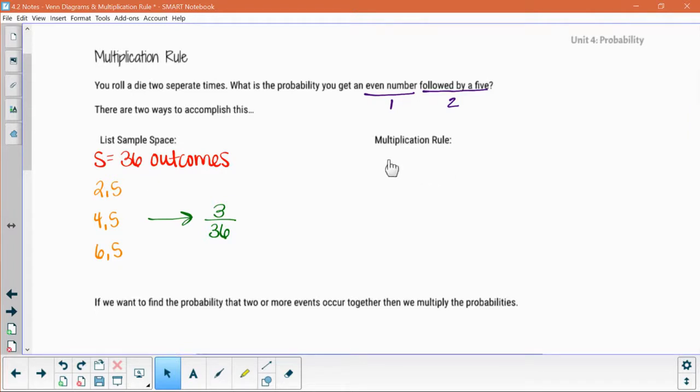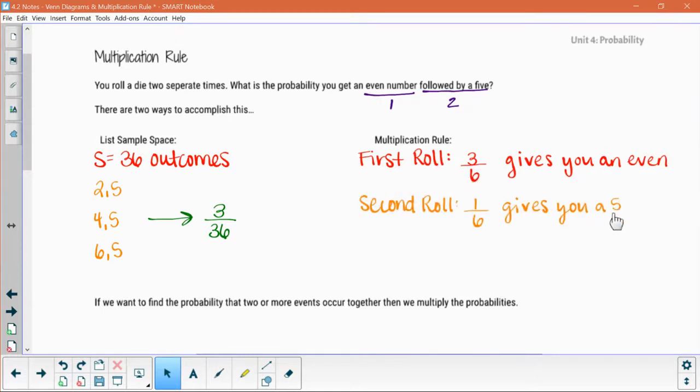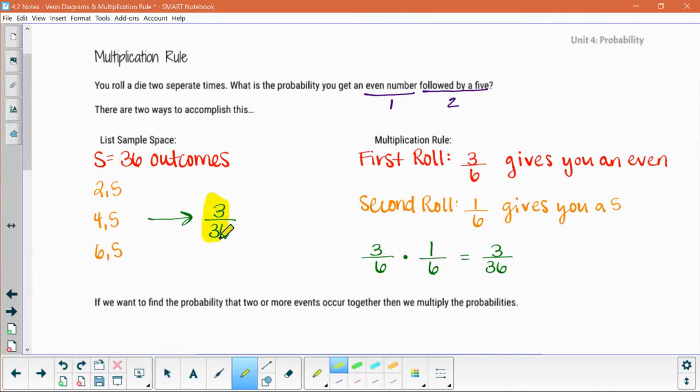Looking at the multiplication rule, my first roll, if I wanted an even number, I have a 3 out of 6 chance of that happening when I roll a die. For my second roll, if I want a 5, I have a 1 out of 6 chance of that happening. So in order to get the probability of both occurring, all I have to do is take 3 over 6, multiply it by 1 over 6, which is going to give me the same total that I had over here of 3 over 36.